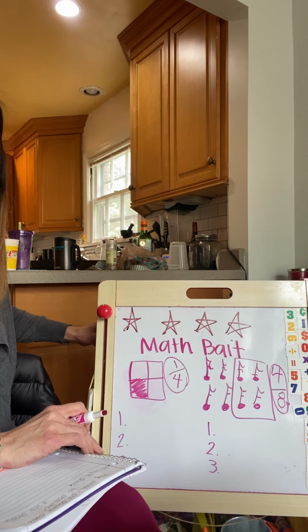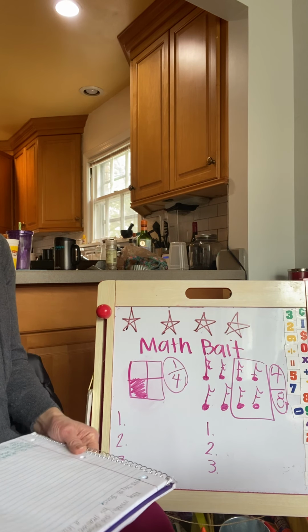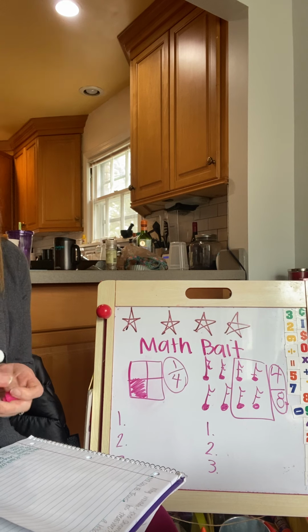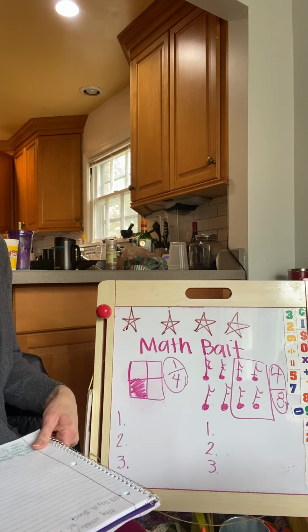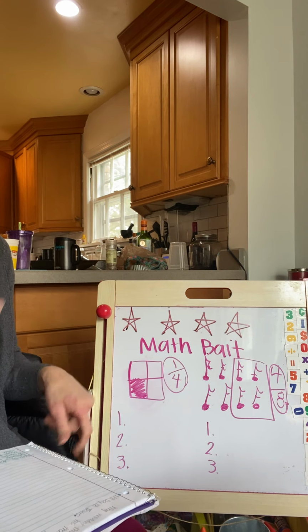So the next thing that you're asked to do is to tell me 3 things about each fraction. So let's just look at this first one here, and I've looked through some of your work already, and these are some of the things that I saw, okay?